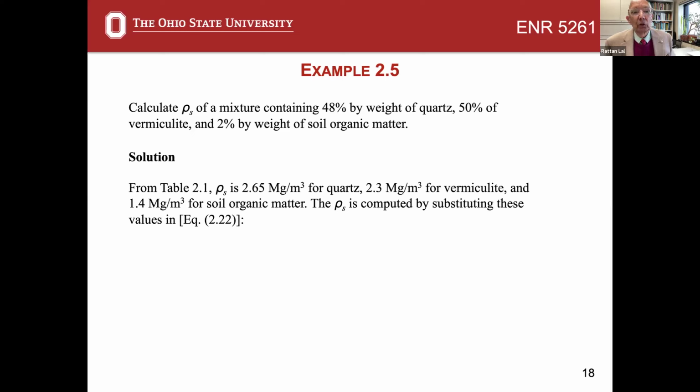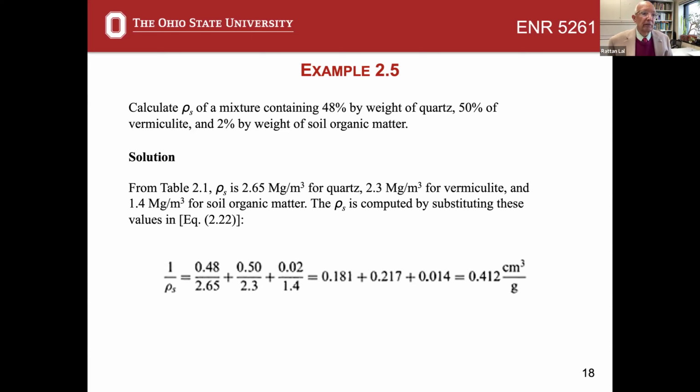From Table 2.1 in your book, you will see that the particle density of quartz is 2.65 megagram per cubic meter, of vermiculite is 2.3, and of soil organic matter content is 1.4. Therefore, in the equation, 1 over the particle density equals 0.48, 48 by 100, divided by its particle density 2.65, plus 50% is 0.5 divided by its density 2.3, plus 2% is 0.02 divided by its density, which is 1.4.